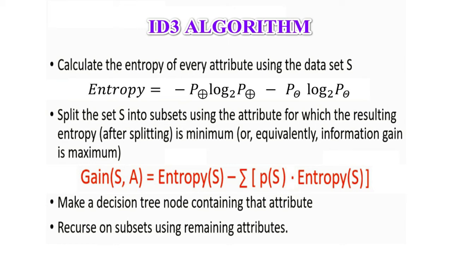We calculate the information gain using the formula: information gain of the dataset S for the specific attribute A is equal to the entropy of the dataset minus the summation of probability of the subset times entropy of the subset. Make a decision tree node containing that attribute, then recurse on subsets using the remaining attributes.